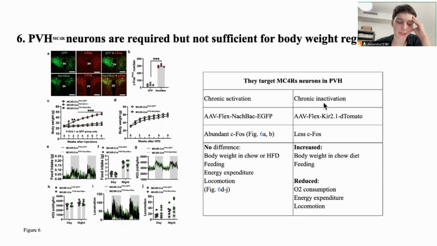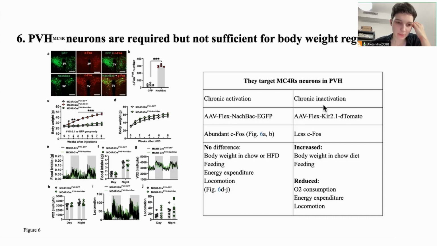In the case of the chronic inactivation, which is the Kir2.1, they leveraged the fast refeeding analysis, and they found less c-Fos, suggesting inhibited neuronal activity.